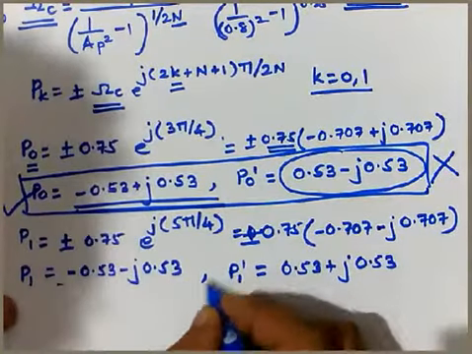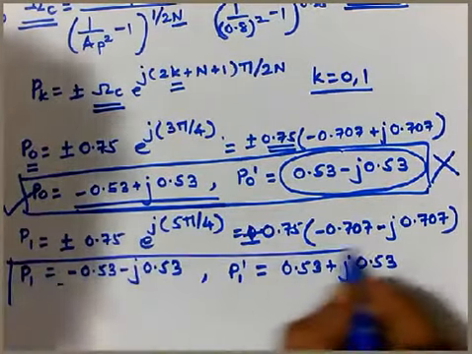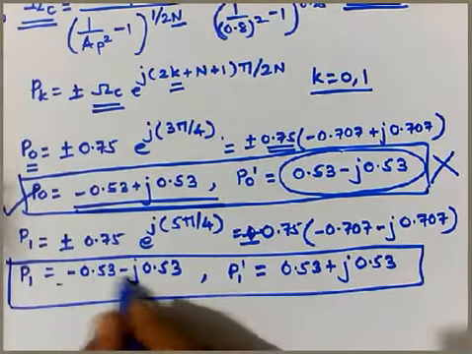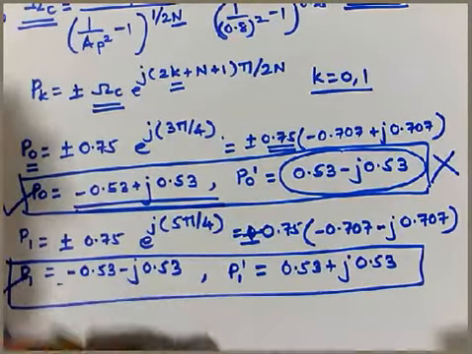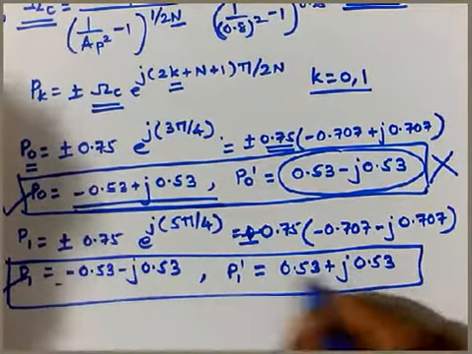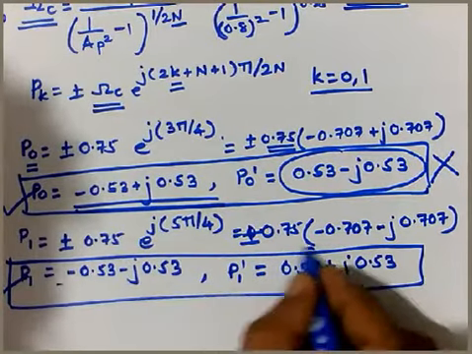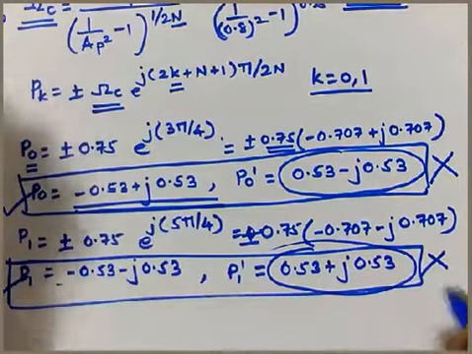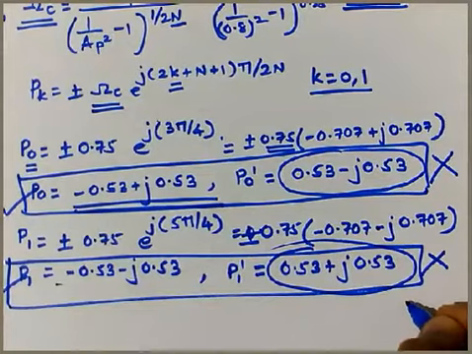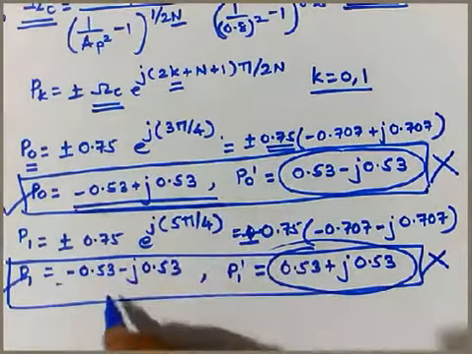Here, again just cross-check these two terms. Minus minus means P1 is considered, but plus plus is in the first quadrant, so it will be discarded. So only these two poles will be considered.